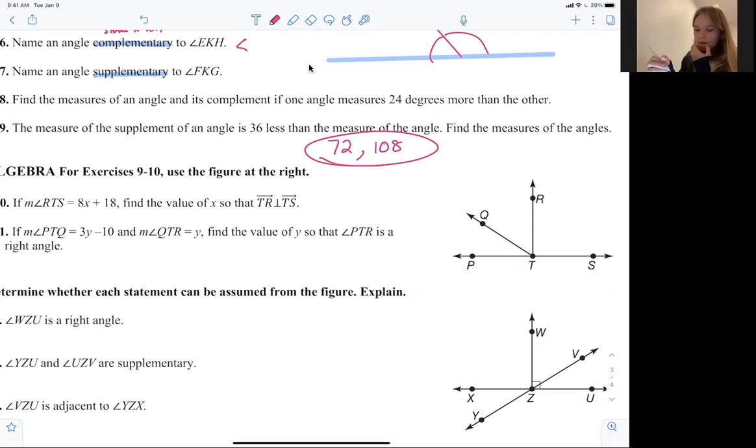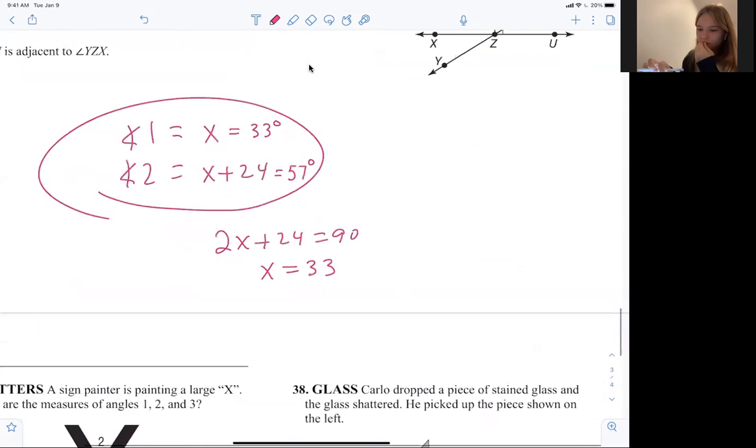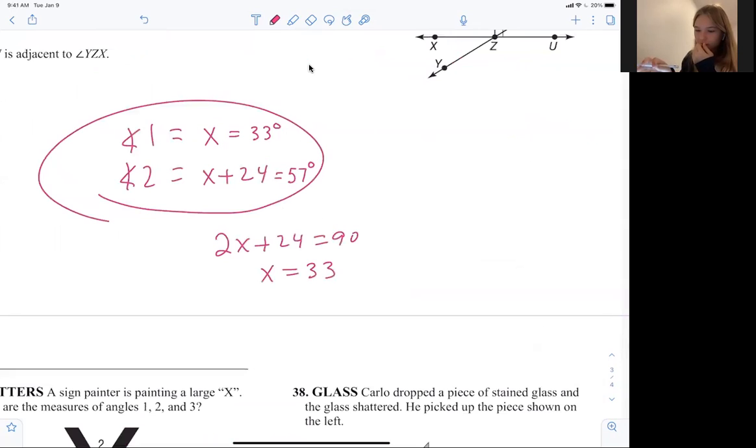Now, you want to explain how you did that? Or did you just kind of work your way through it? I did the same thing that we did last time. There was 180. So you have two angles, angle 1 and angle 2. So what did you put down? X and then X plus 36.